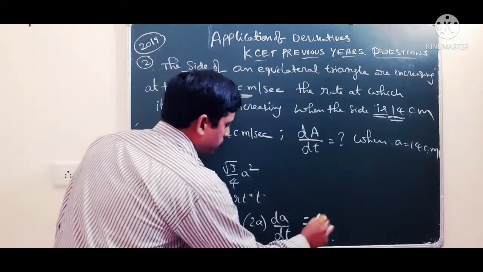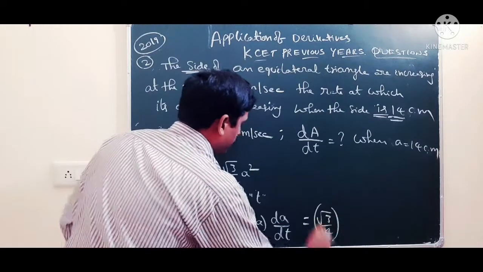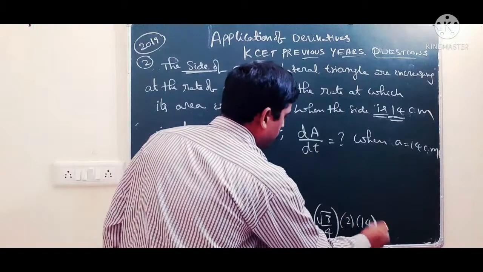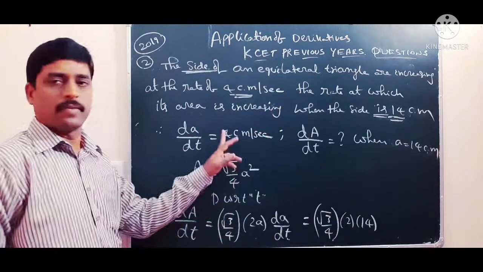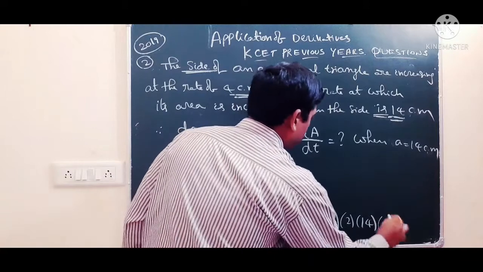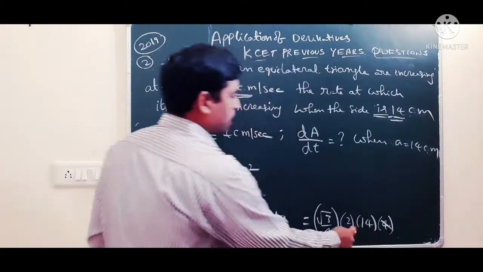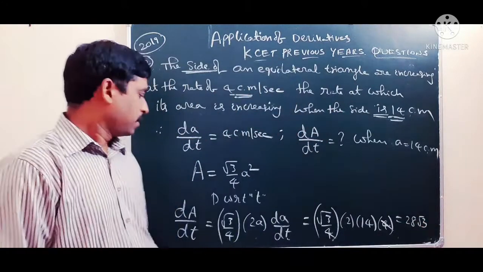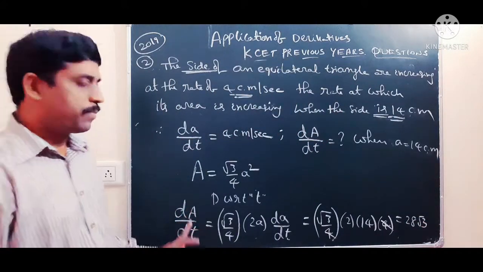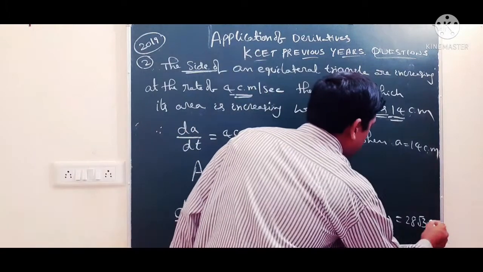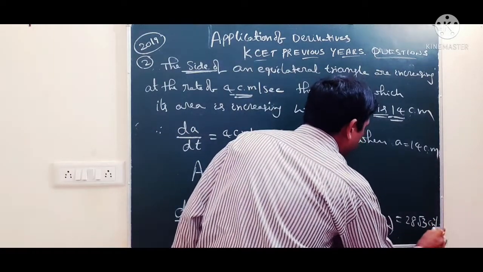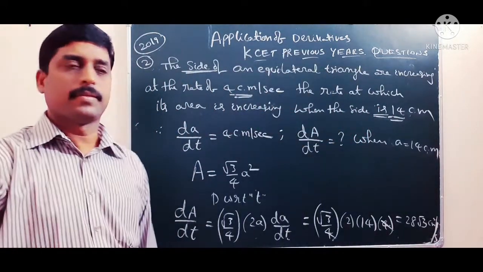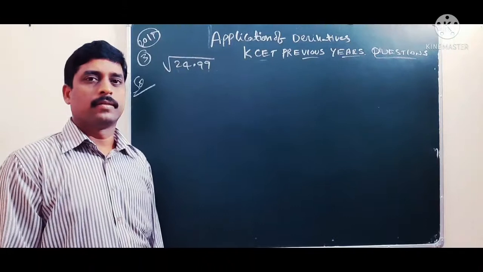So root 3 by 4 into 2 into 14 into dA by dt; the value of dA by dt is also given as 4, so this 4 gets cancelled. 14 times 2 is 28 root 3, so the answer is 28 root 3 centimeter square per second.